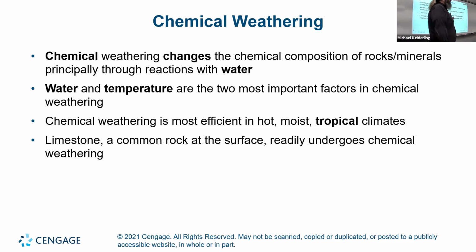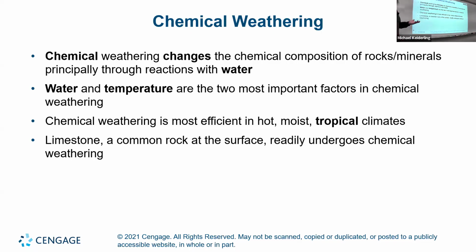So you get the most dramatic chemical weathering in places that are hot and wet. So Southeast Asia has really dramatic chemical weathering. Hot and wet, and there's limestone that you chemically weather. So chemical weathering is most efficient in hot, moist, tropical climates.